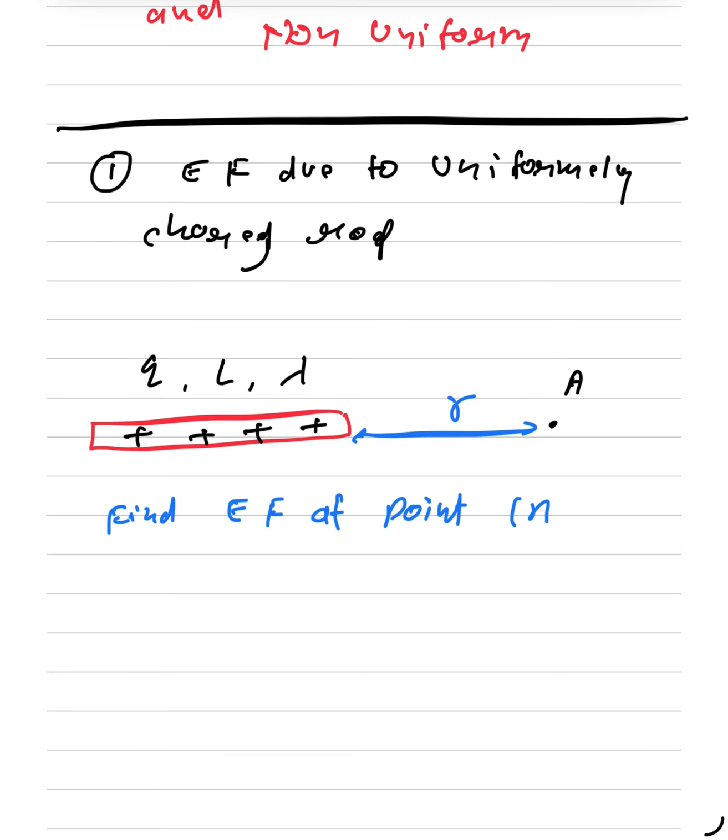And the value of dq, a small amount of charge, equals lambda times dx, and we put this value here.